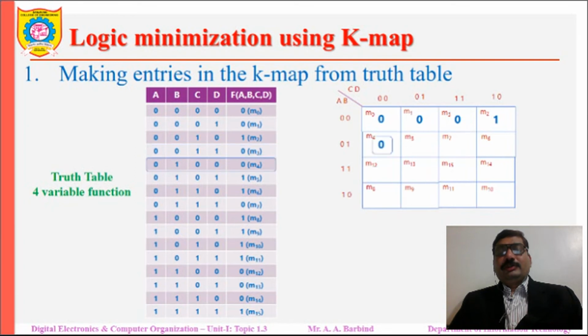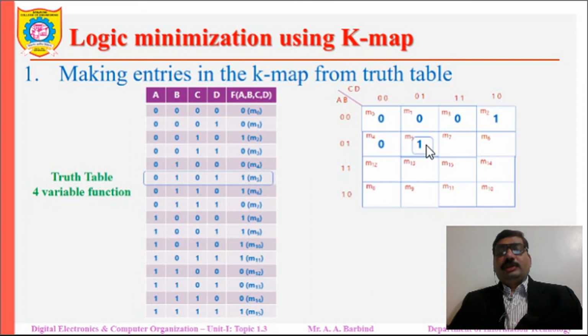The next entry is 0 from the truth table. Inputs are 0, 1, 0, 0. So for this cell, the inputs AB are 0, 1 and CD are 0, 0. So it goes here. Like that, the next entry goes in this particular cell.